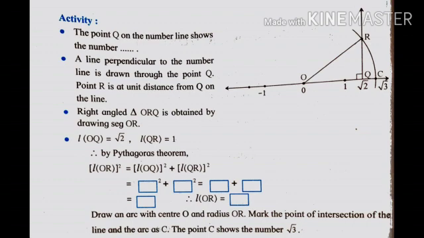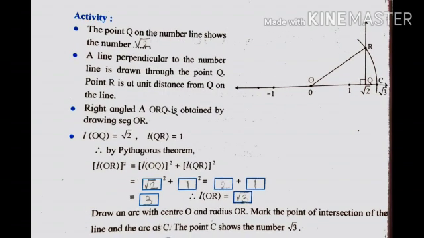See the activity of practice set 1.3. Here, the point Q on the number line shows the number root 2. A line perpendicular to the number line is drawn from the point Q. Point R is at a unit distance from Q on the line.